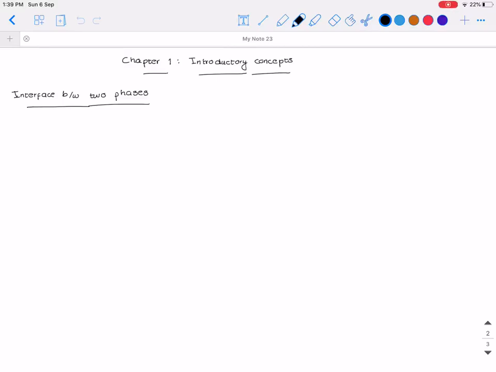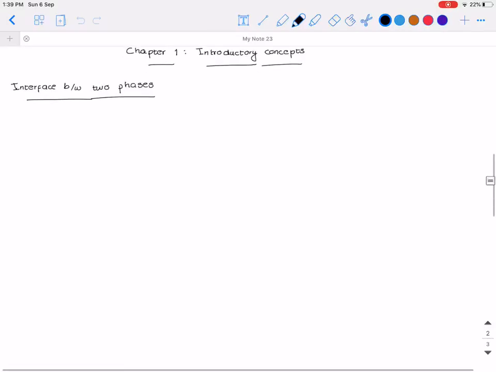We will end chapter 1, which covers introductory concepts, by discussing the interface between two phases. First we will talk about the interface between a solid and a fluid.